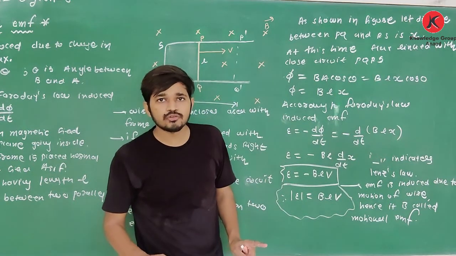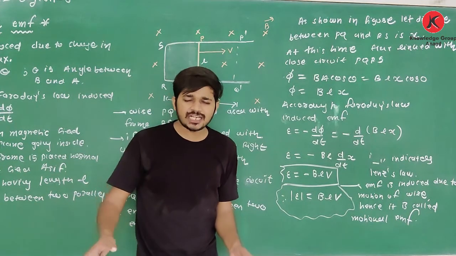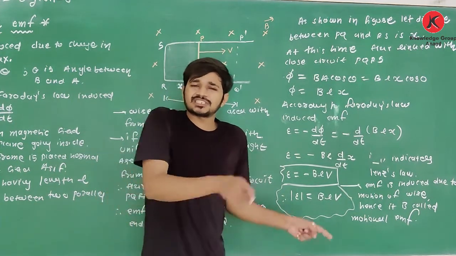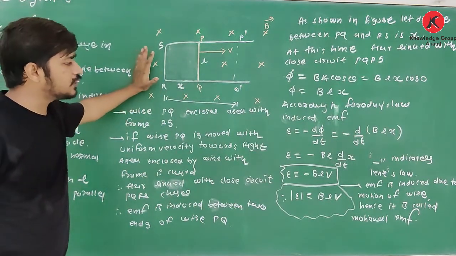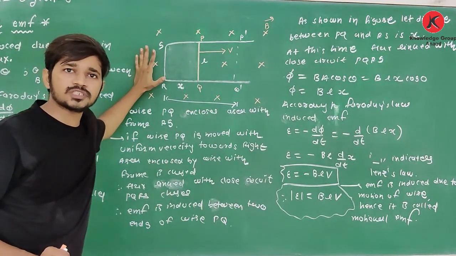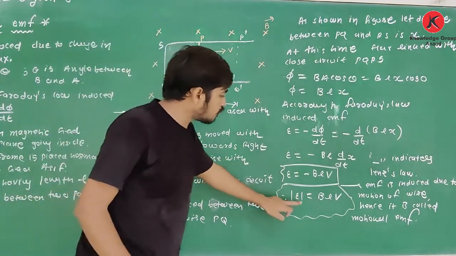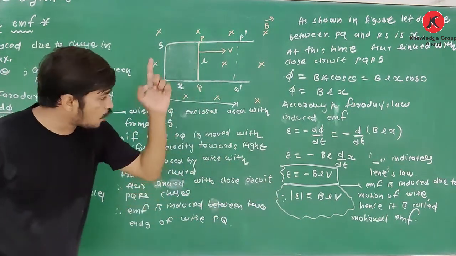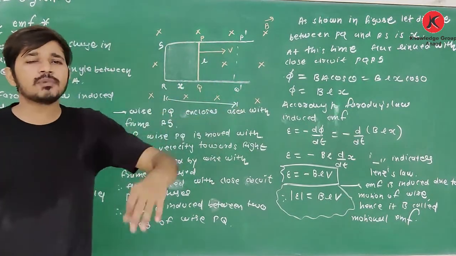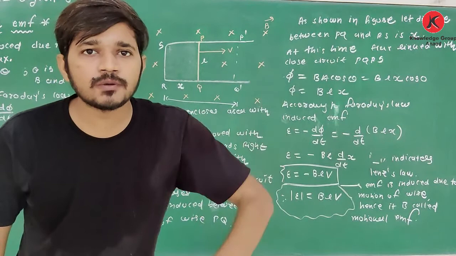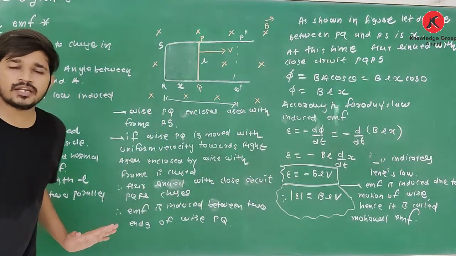Clear about this? So what is motional EMF? EMF is induced due to change in flux, but that change in flux is due to motion of this wire PQ. So if you are asked what is motional EMF and to obtain the equation of motional EMF when a U-shaped wire is placed normal to the magnetic field, you have to write this theory.